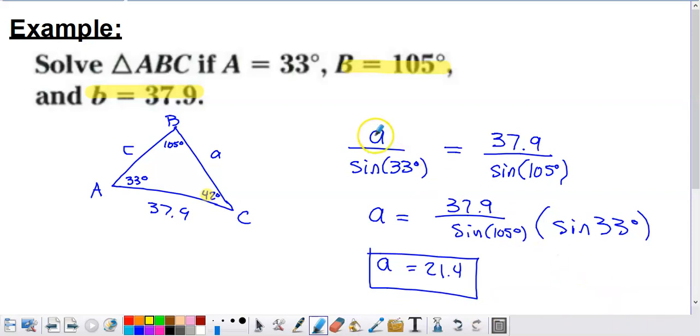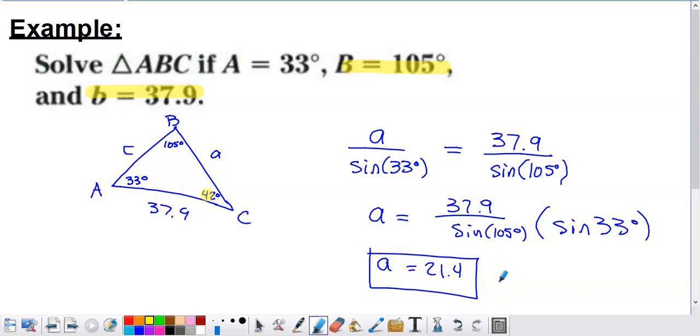So to solve this for side A, I'm going to have to undo this division. So I'm going to multiply this fraction by the sine of 33 degrees. If you're careful, you can break out the calculator at this point, and you have to make sure you're in degree mode. We're measuring in degrees right now. So as long as you're in degree mode, if you type this in, rounded off to the nearest tenth is 21.4 units. So that would be for side A.